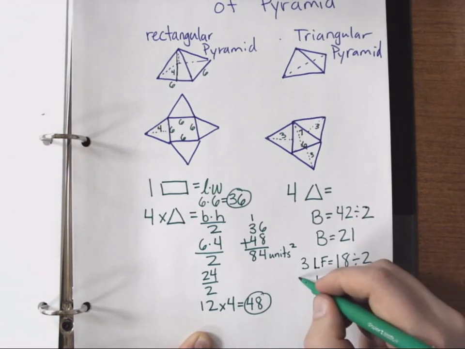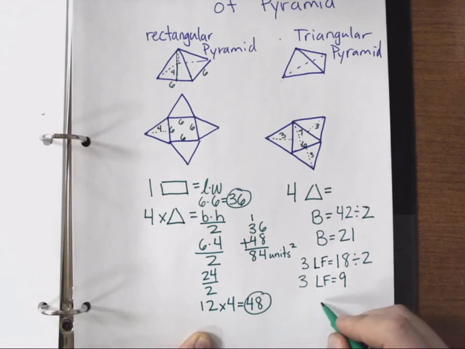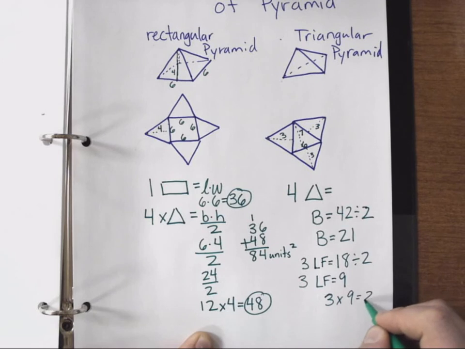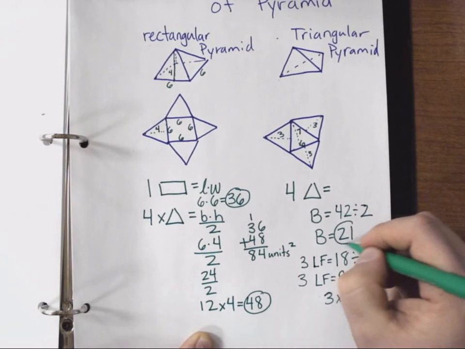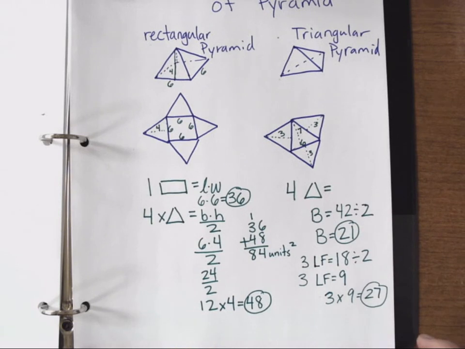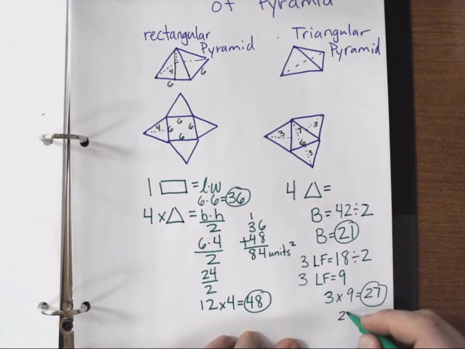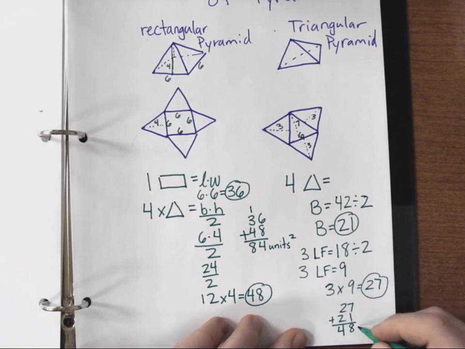But I have 3 of them. So 3 times 9 equals 27. So now I need to add 27 and 21 to find the surface area of the entire shape. So 27 plus 21, we get 48 units squared.